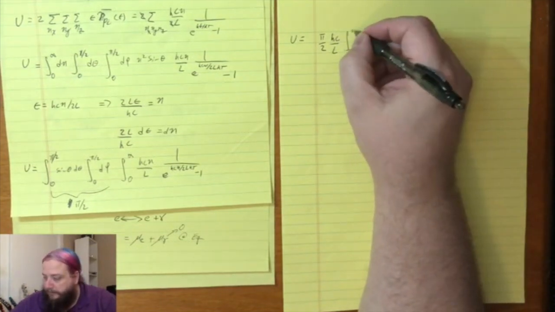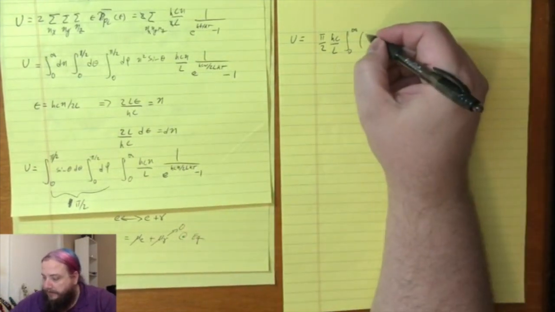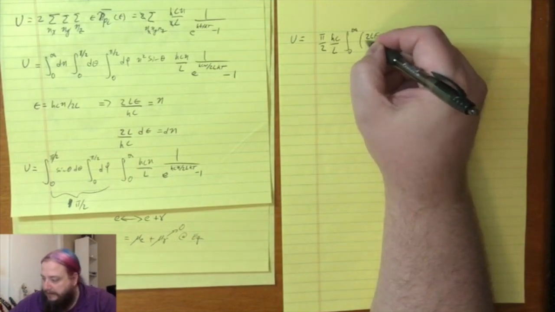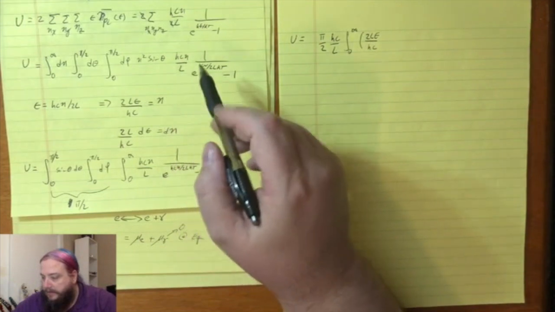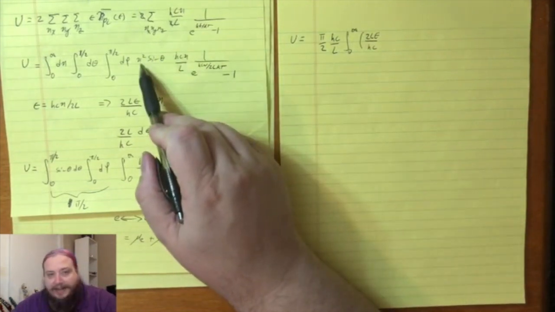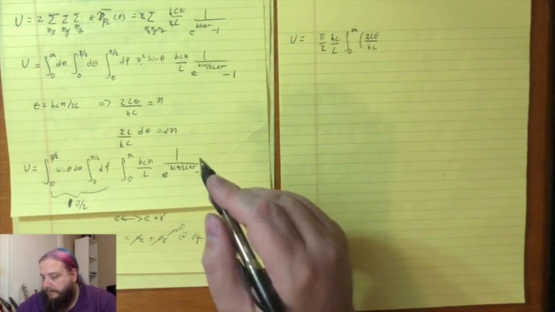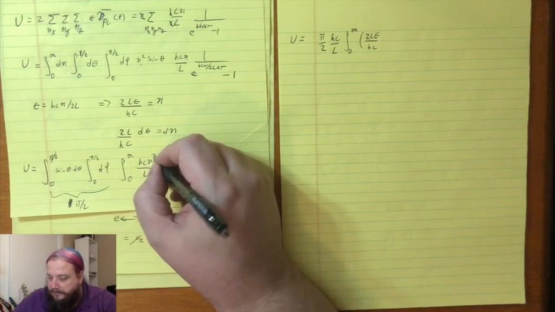The integral from 0 to infinity of n, which is 2LE over hc. And we had an n times an n squared. Oops, we lost our n squared in the previous. Yeah, it should have been an n cubed.